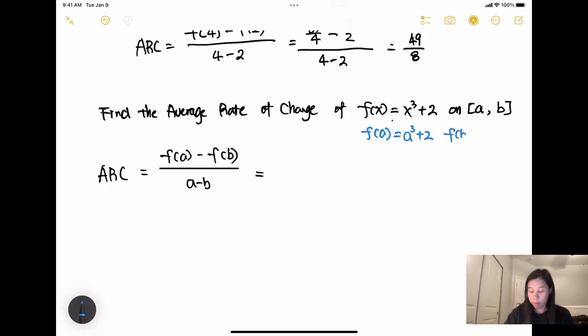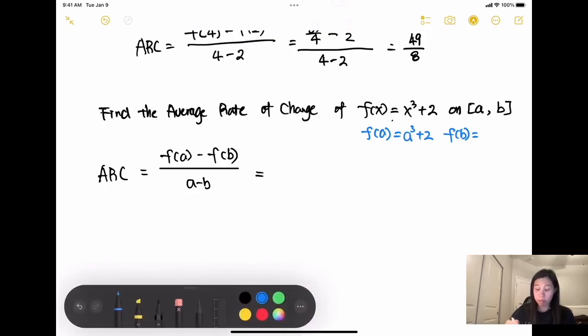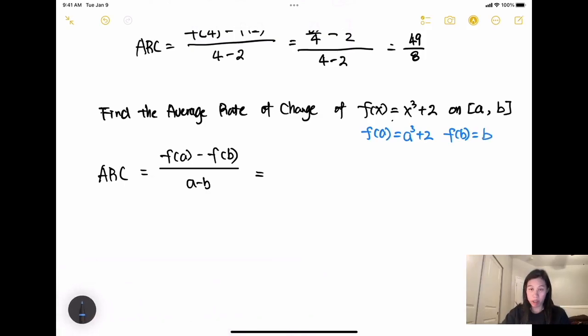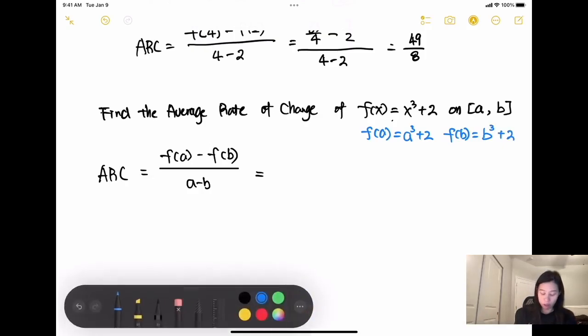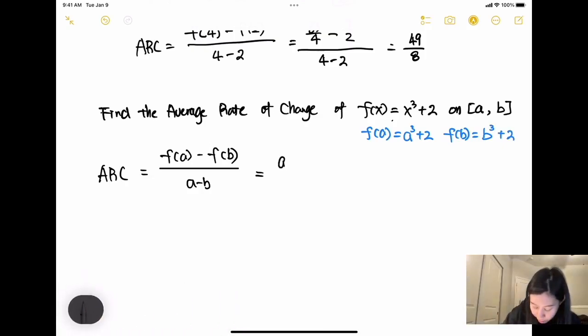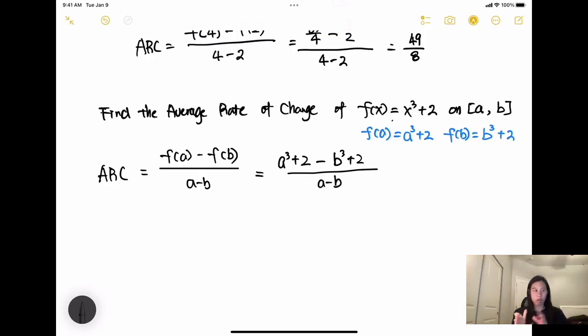And then f(b) equals, I substitute x equals b, so I replace all the x with b. So I have b to the cube plus 2. So my expression should be a to the cube plus 2 minus b to the cube plus 2 over a minus b. So is there anything that I should be aware of in here?